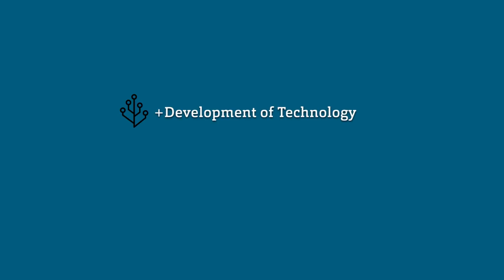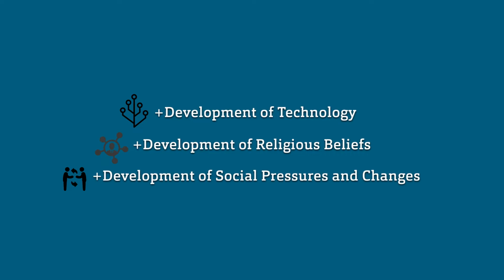That's right, and one of the common consistent things about all language used everywhere is that it changes. And these changes in language are dependent upon many things, for instance the development of technology in a society, or the development of religious beliefs in a society, or the development of social pressures and changes that happen in politics, or in education, or in entertainment.